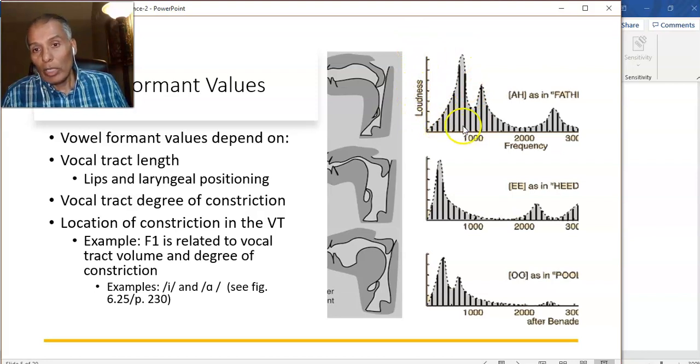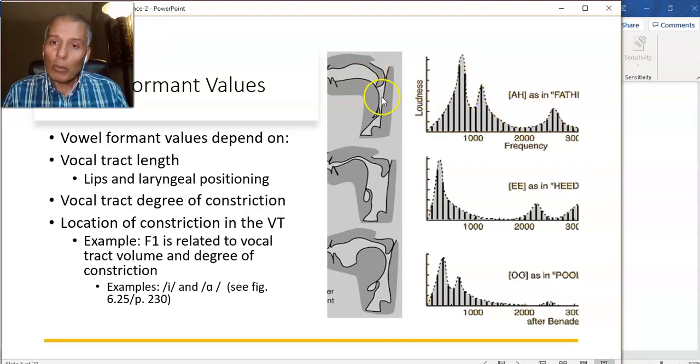Here it overlays the filter and the source. And so F1 will be here for "ah." Now, regardless of what the value is, 900, 890, whatever, we compare it to F2 and F3.